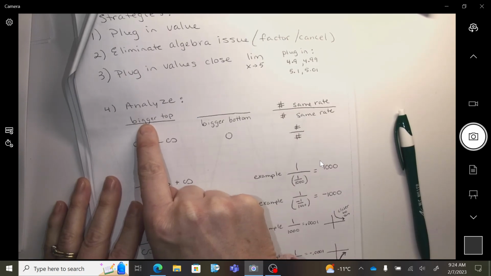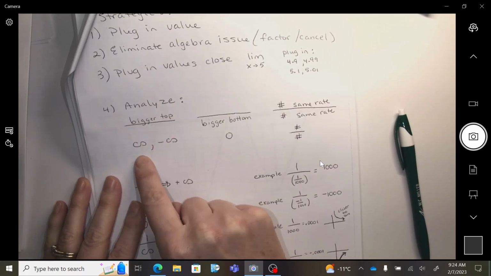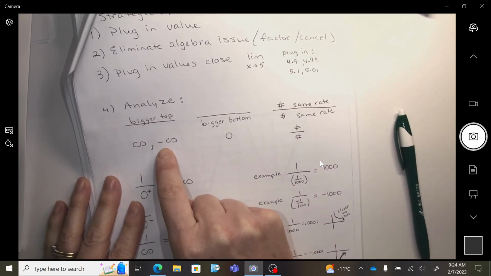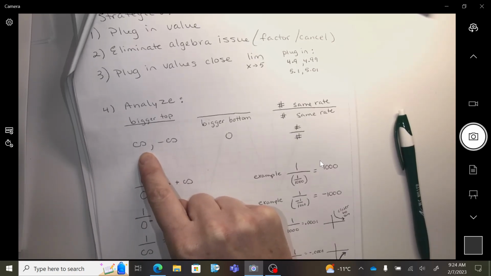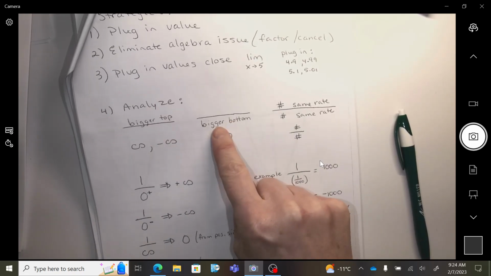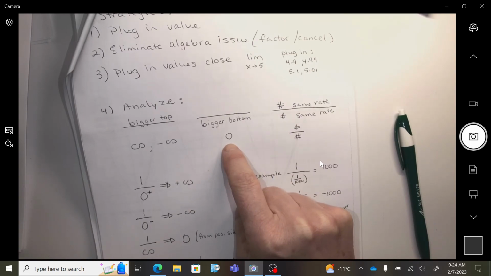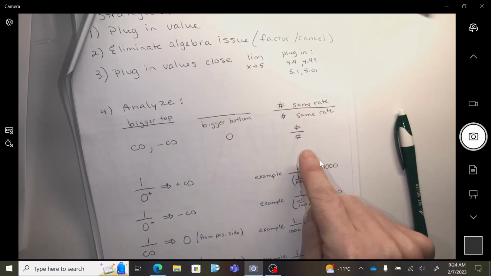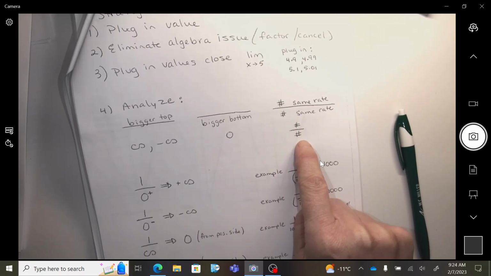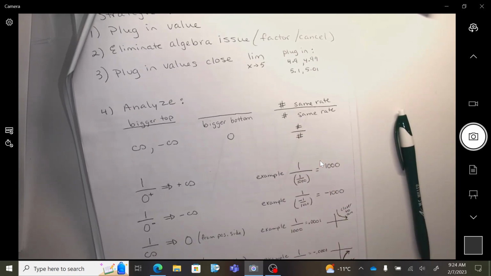If the top is bigger, you're going to get bigger. But you have to make sure you're analyzing if it's positive infinity or negative. If the bottom gets bigger, 0. It doesn't matter if you're approaching 0 from the negative or positive because you're still going to 0. If they're the same, same rate, you're going to do a division.